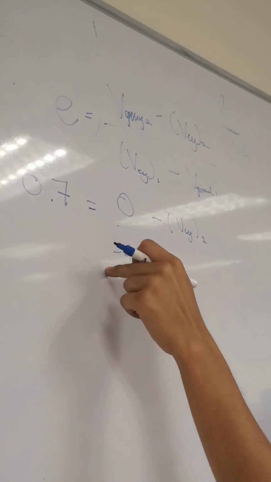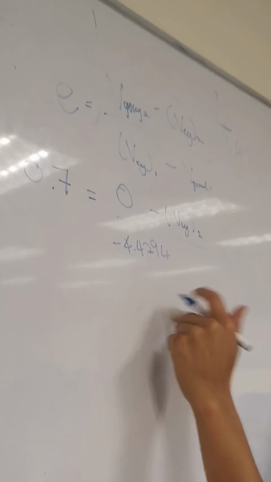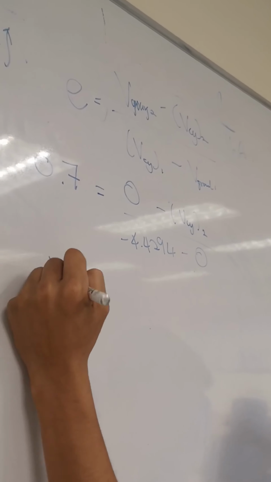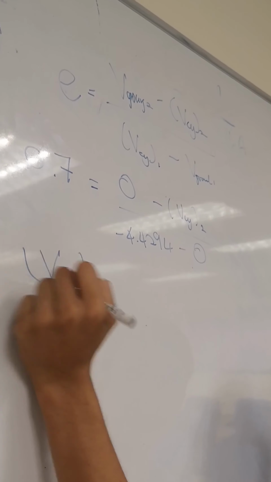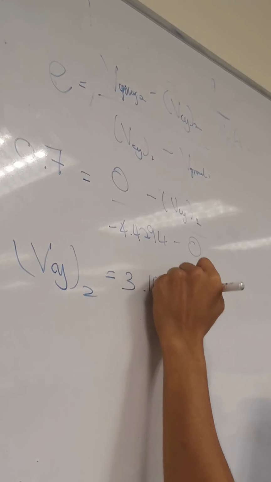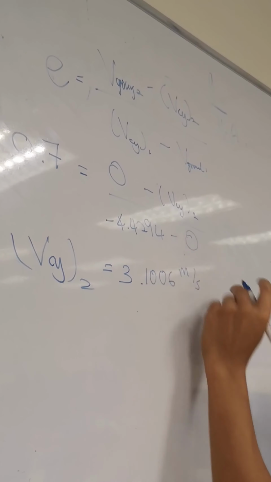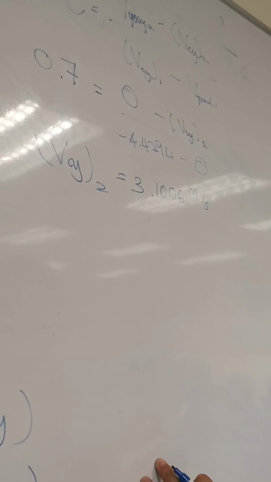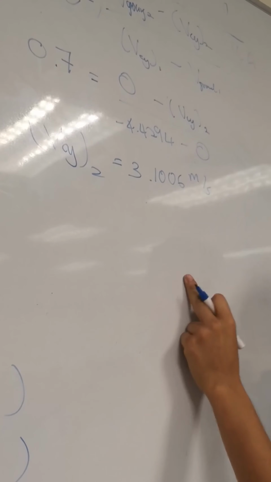Now we assume upward positive, so we get negative 4.4294, and minus V ground 1 is also 0. So we will get VCY2 is equal to 3.1006 meter per second. Next we apply the conservation of momentum in the x direction.